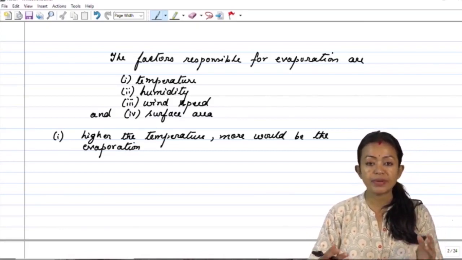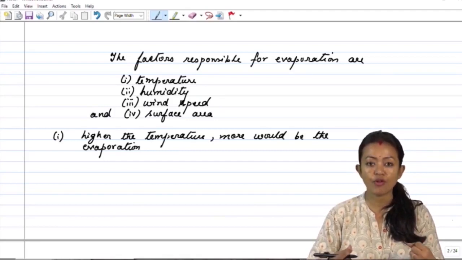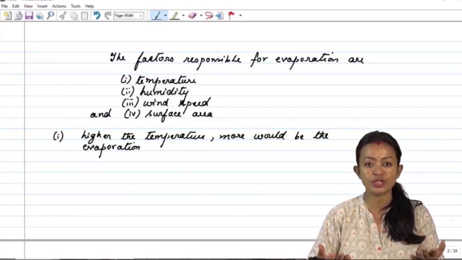Because when the temperature increases, the molecules of the substance, that is water, get enough kinetic energy, and due to attaining of kinetic energy, what happens? It leaves the liquid phase and gets transformed into the vapor state.